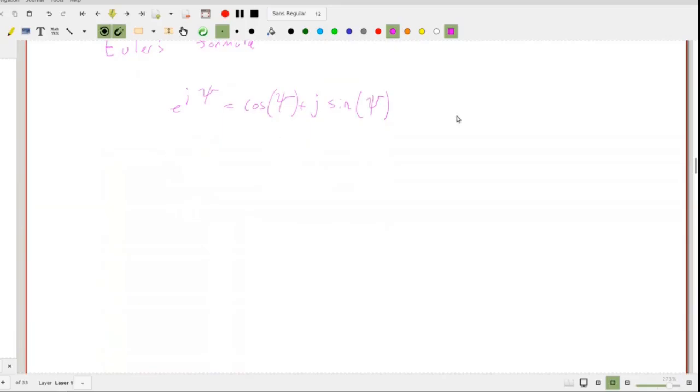And as j is equal to the square root of -1, we can write this as e^(-jψ) is equal to the cosine of ψ, minus, that's what we're changing here, minus j sine of ψ.